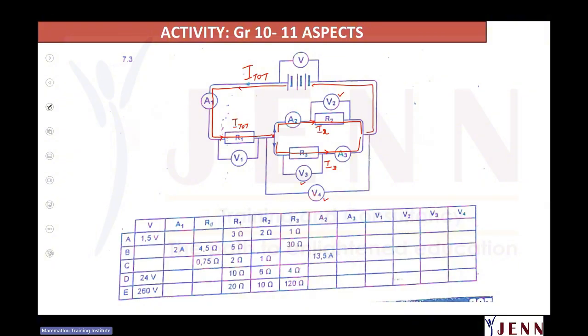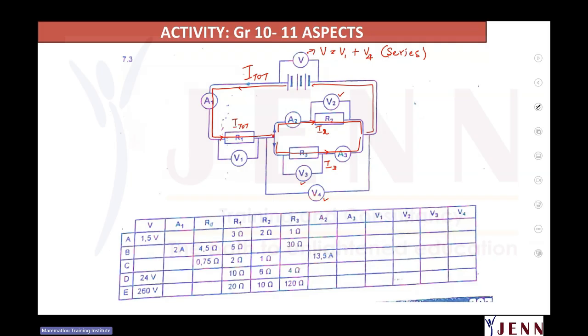When you get to R1 there, the total V, the EMF of the circuit, will be equal to the potential difference in V1 plus the potential difference in V4. Why? Because R1 and the parallel connection are connected in series.